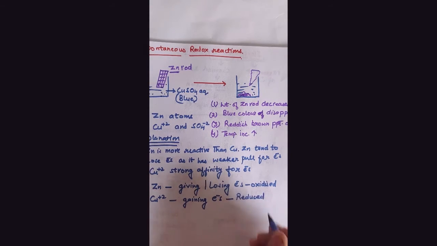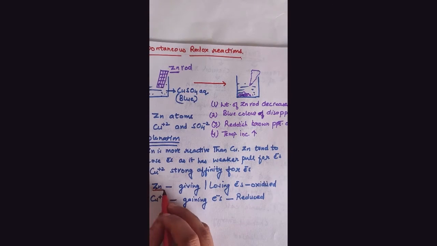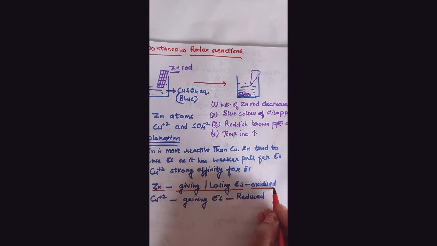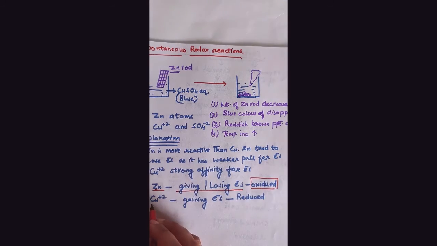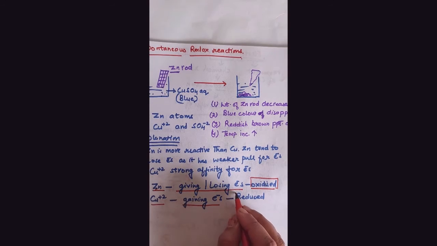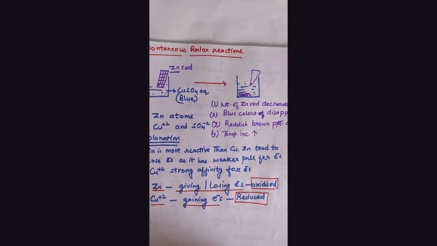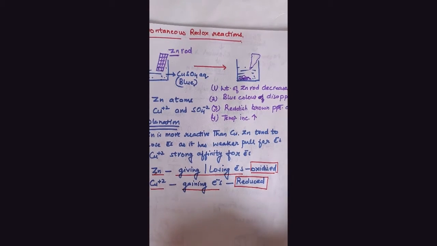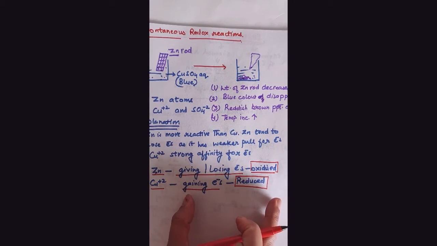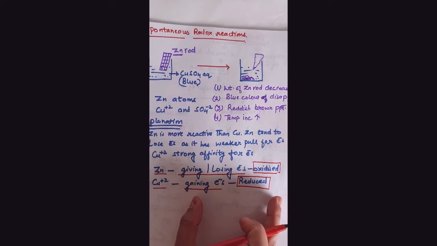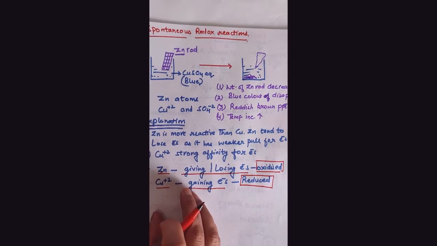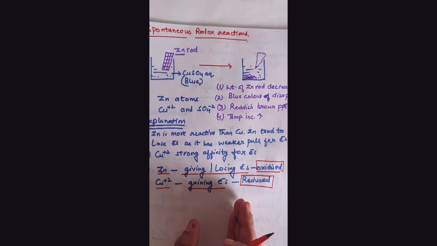Zinc is losing electrons and is oxidized. Copper plus 2 is gaining electrons and is reduced. Now how do we know that zinc is going to be oxidized and copper plus 2 is going to be reduced?